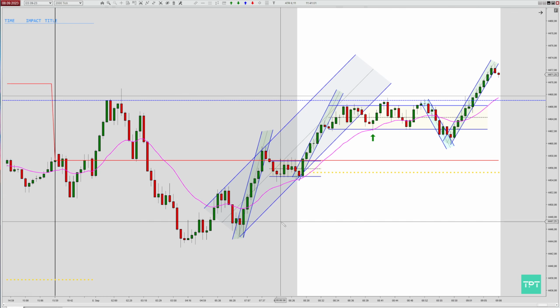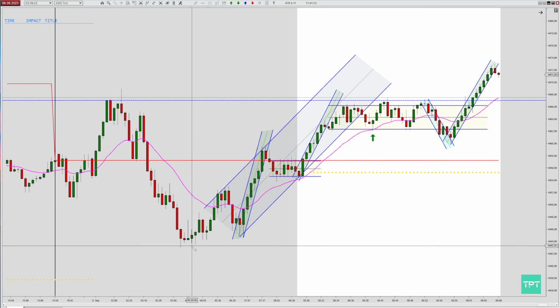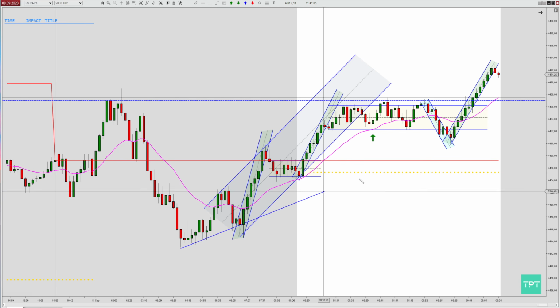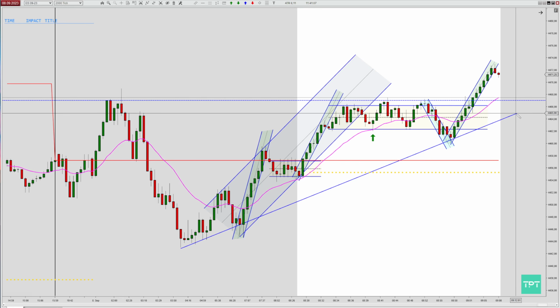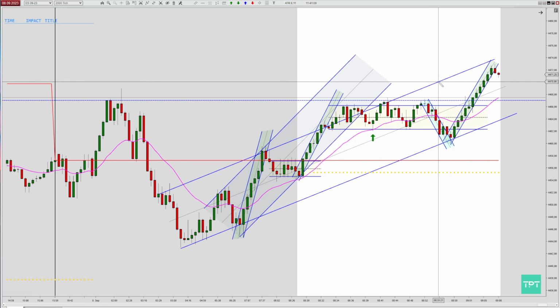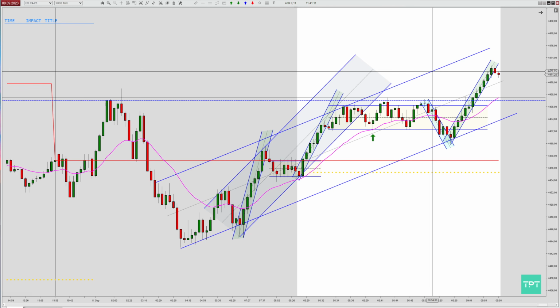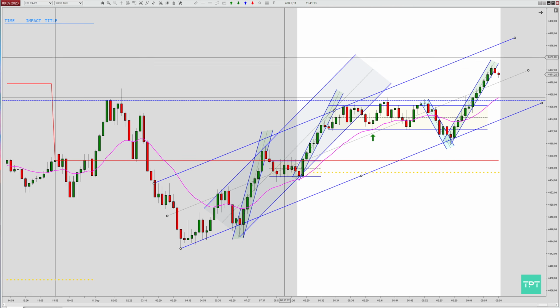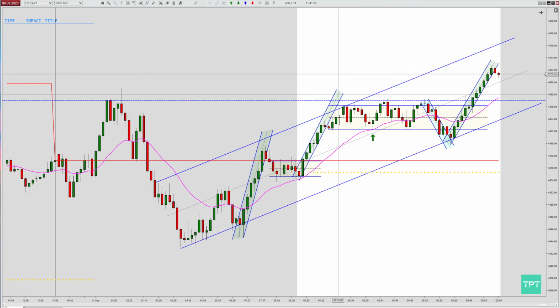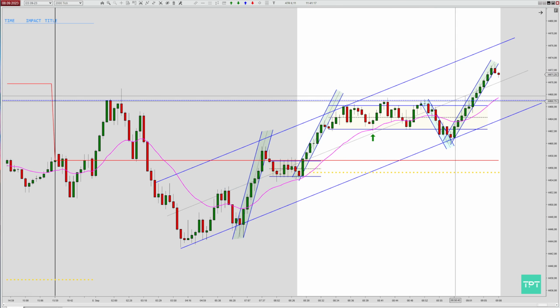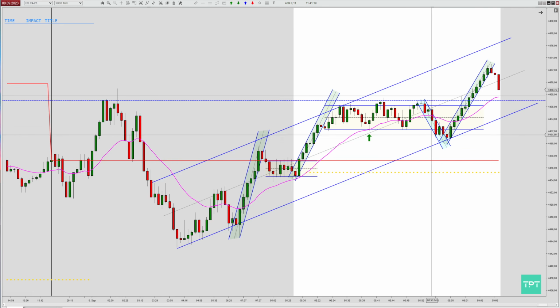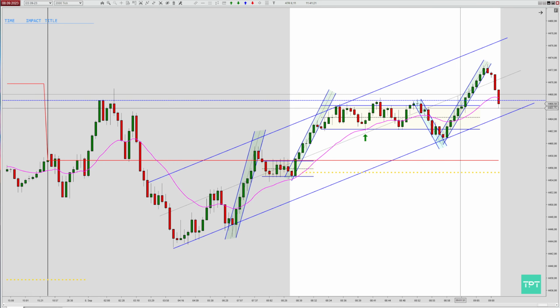Maybe even if you draw a channel from, let's say, this level here and connect it with the last swings, then we get a channel like this. I remove this because this played out, so you can see it a bit better. And you can see prices are pushing higher here.